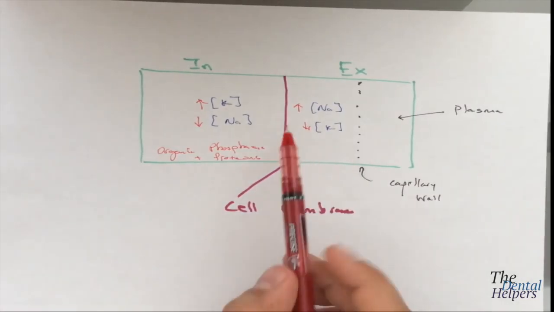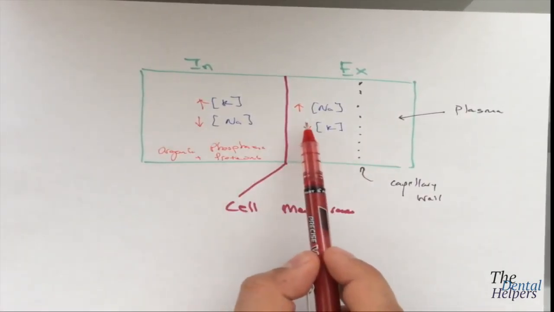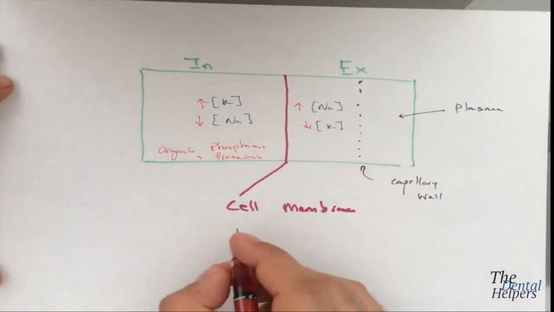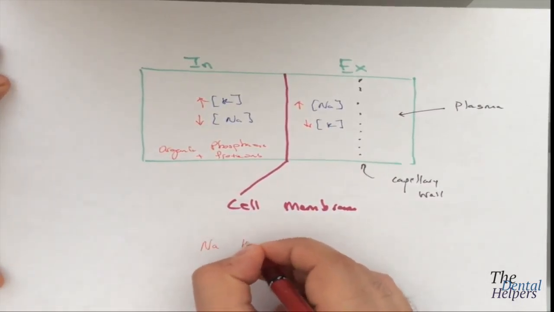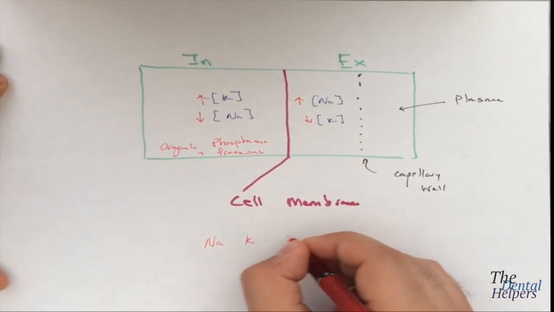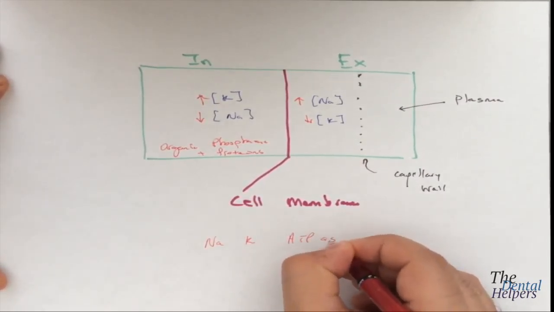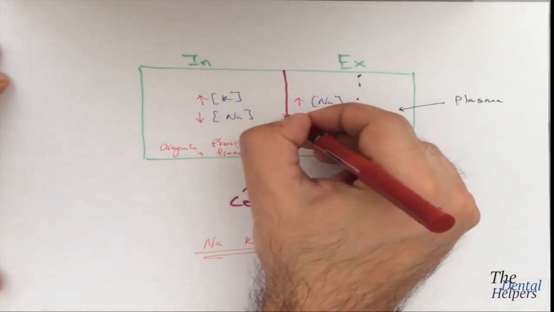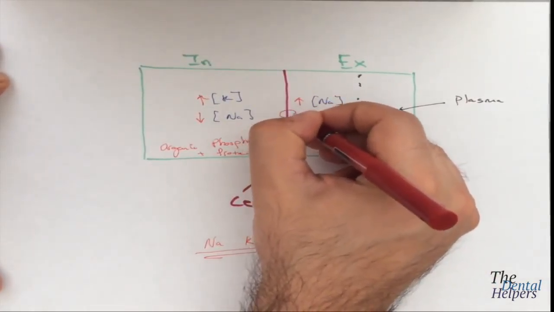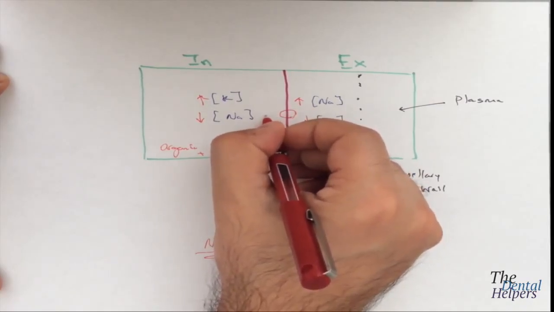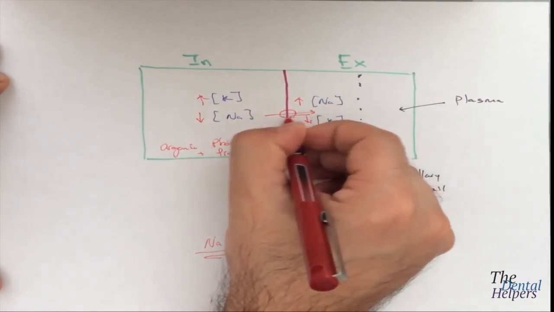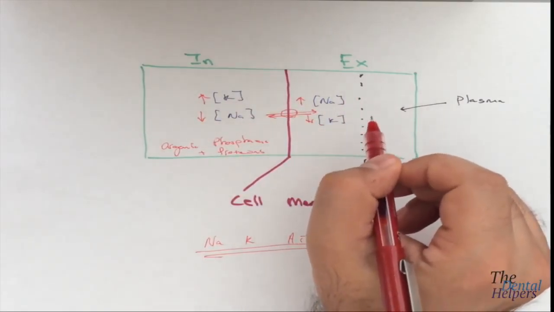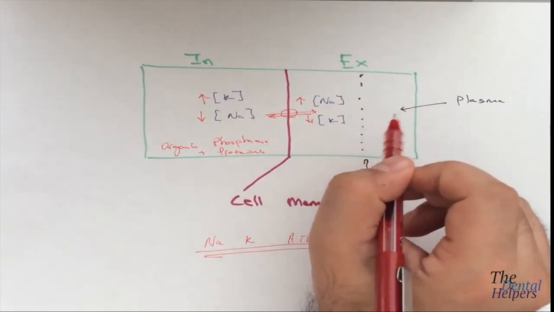And so this asymmetry that we see between the concentrations of sodium and potassium is a result of the sodium-potassium ATPase. So it's the sodium-potassium ATPase that is going to act like a pump, allowing for the concentration change of the sodium and potassium ions.